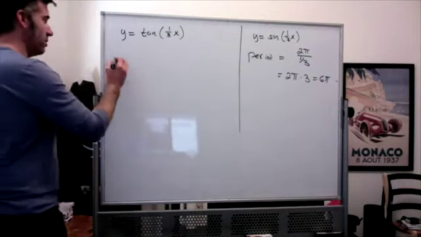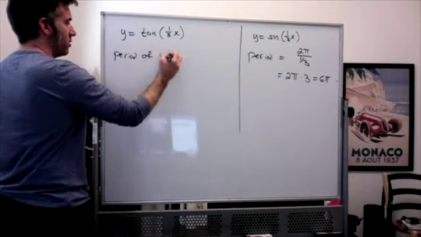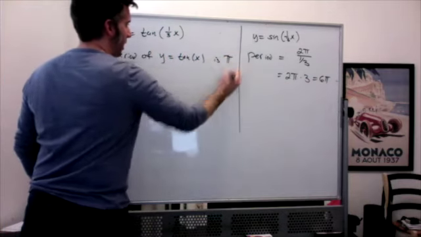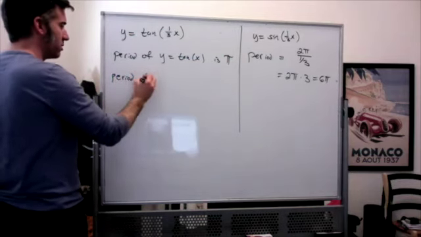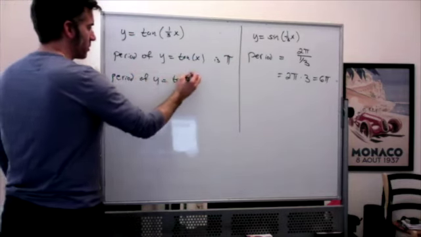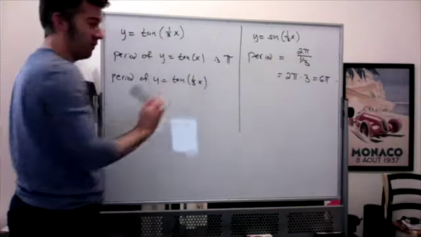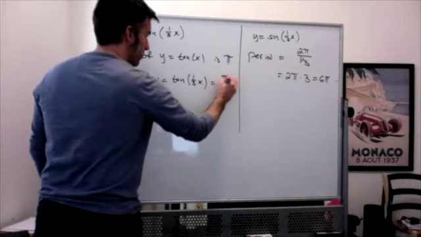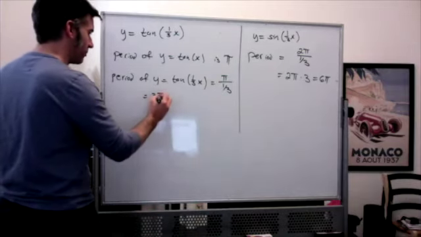The period of regular tangent of just x is pi. So the period of anything else, instead of being 2 pi divided by the coefficient of x, is going to be pi divided by the coefficient of x, which is going to end up being 3 pi.